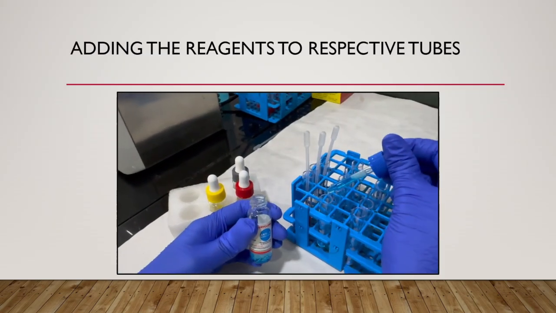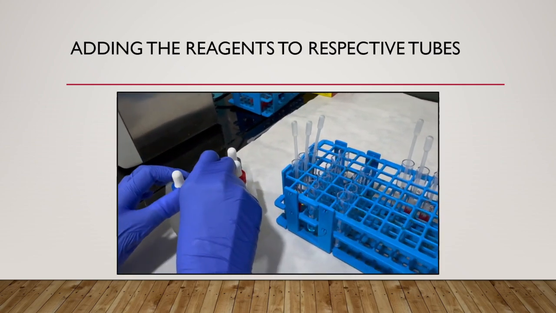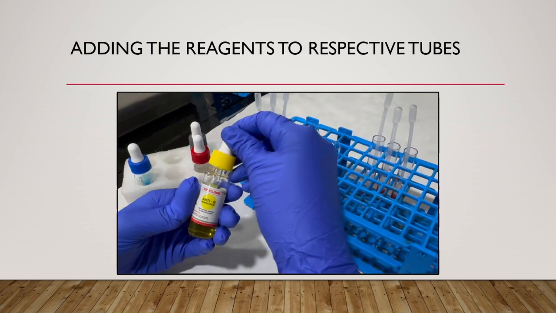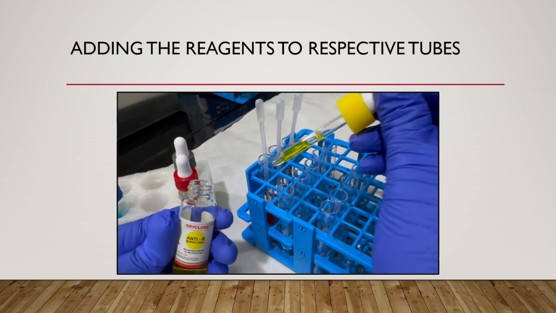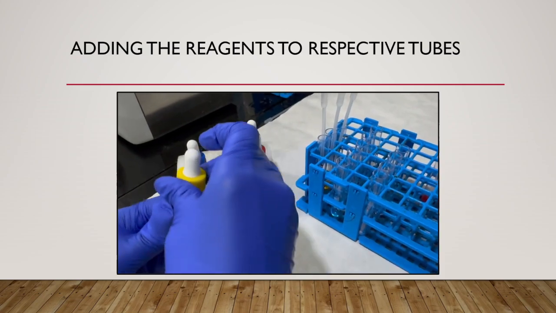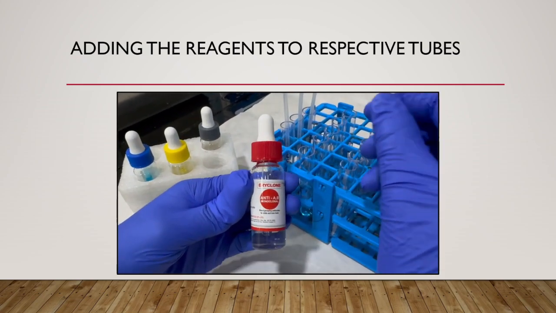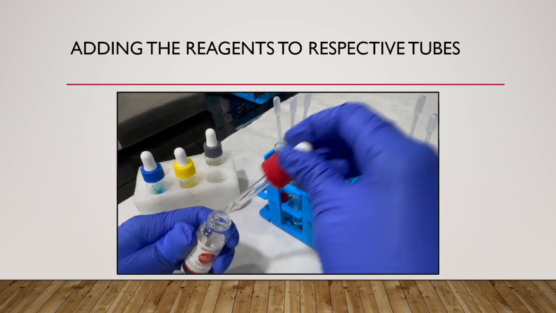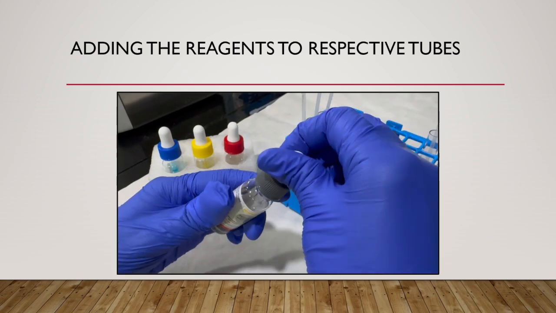Now we are proceeding to the testing as per AABB guidelines. Here we are adding 1 drop of anti-A to the corresponding labeled tube in forward grouping, 1 drop of anti-B, followed by 1 drop of anti-AB and also 1 drop of anti-D to the corresponding labeled tubes.